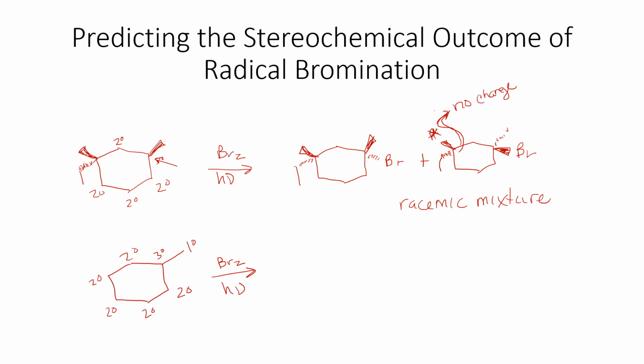We could say this is primary. So basically, of all these positions, tertiary is the more stable, so bromination will occur here. If we look at this, this is our only product because there's no chiral center. So this is our only product.